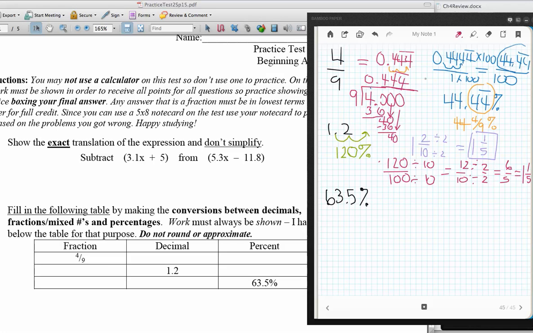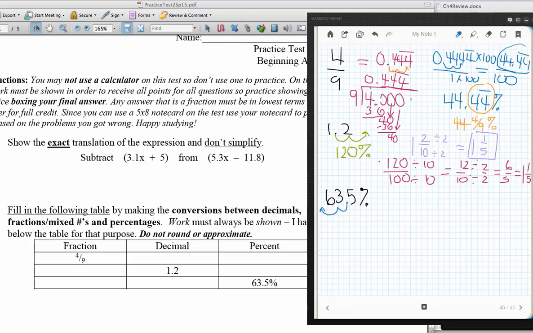All right, my last problem, I have the percentage, and I need to convert it to a decimal and then to a fraction as well. So I have a very simple conversion from a percentage to a decimal. I'm just going to move this decimal 2 places to the left.